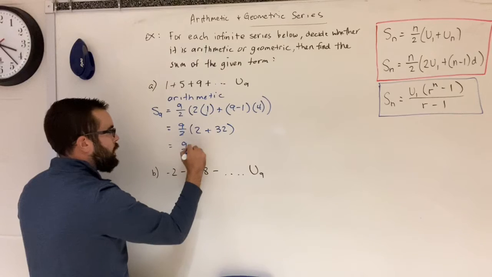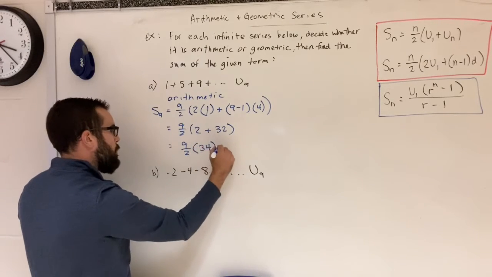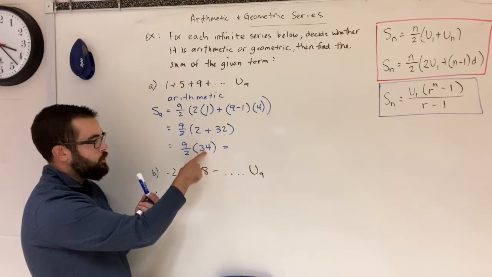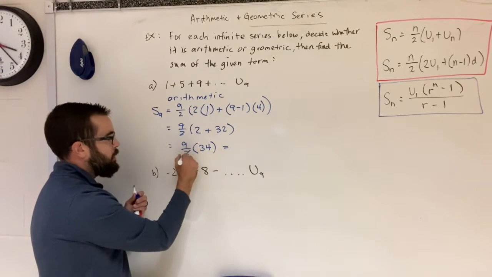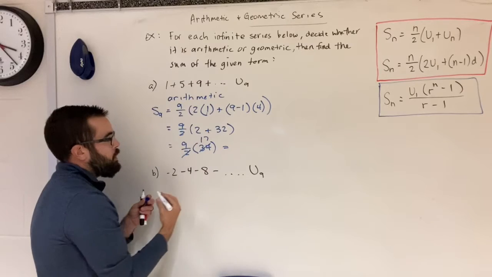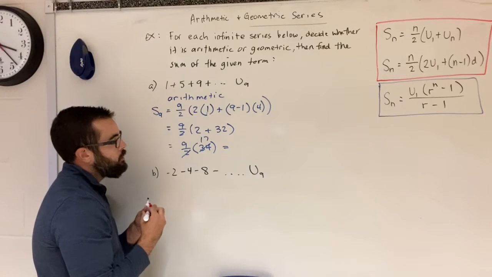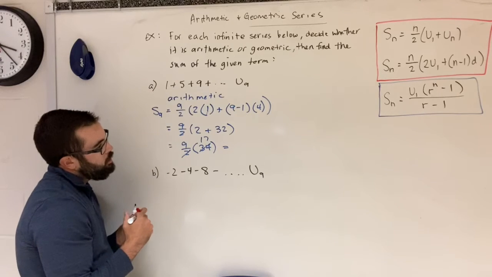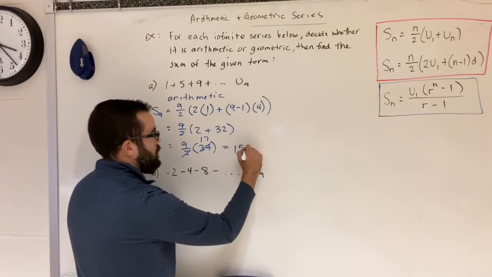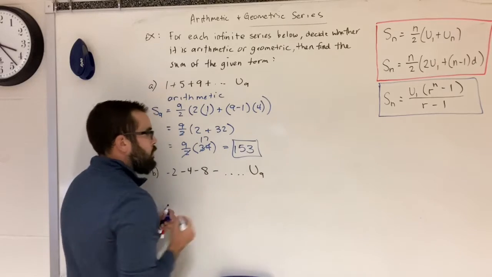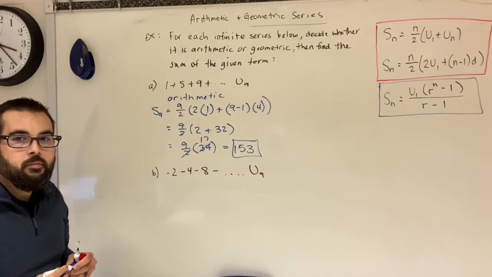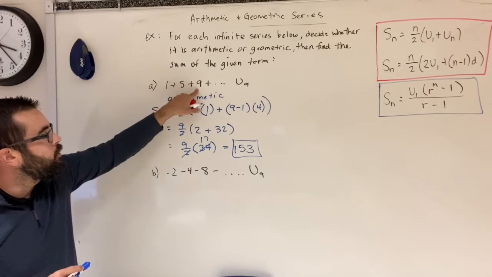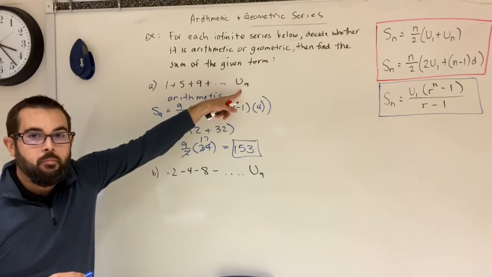So I have 9 halves times 34. And I'm just going to divide 34 by 2 to make that number a little smaller. And then I have to do 9 times 17, which in my head, 63, is 153. And I just found the sum of this series to the 9th term.